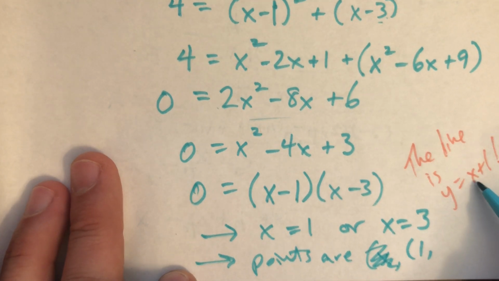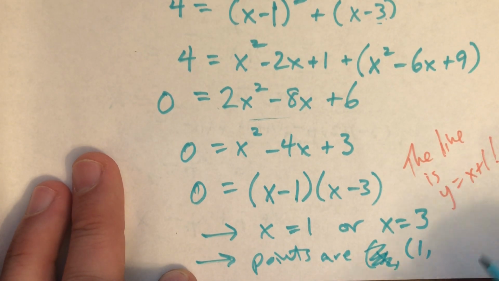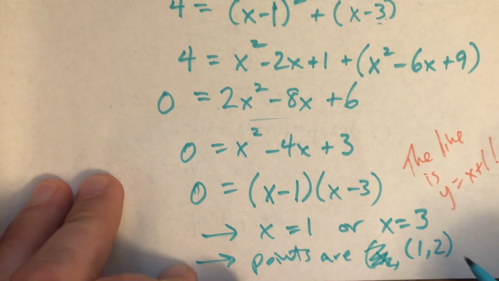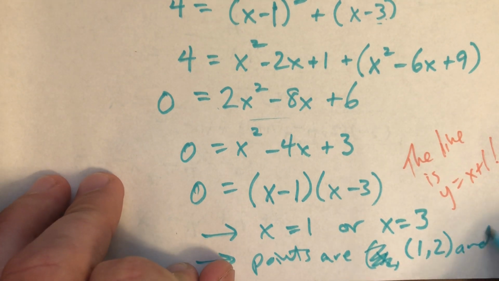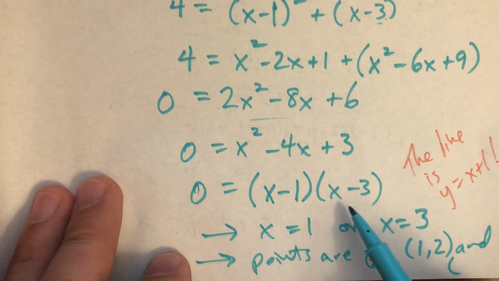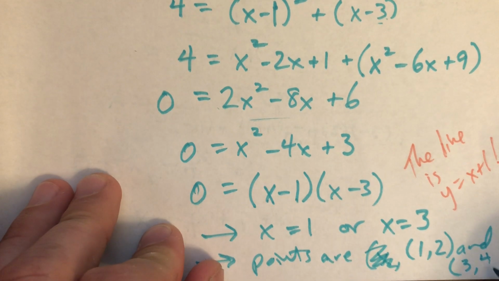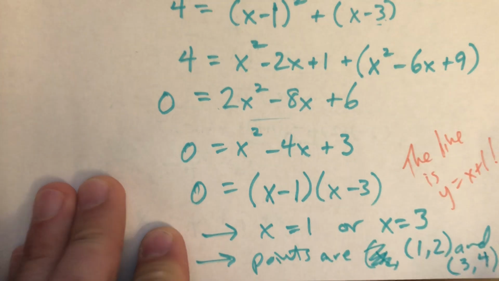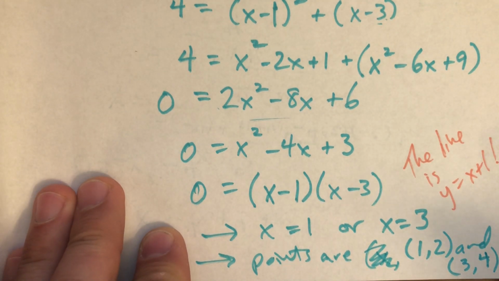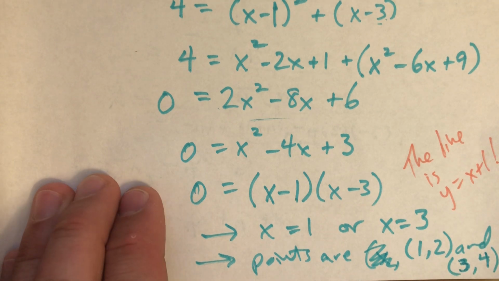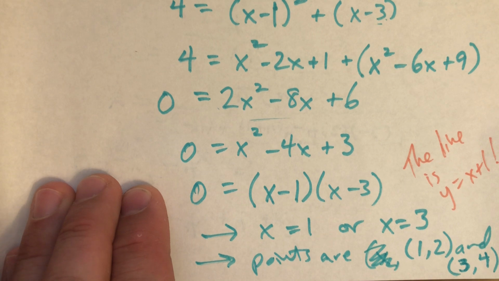X being 1, y would be 2, and then our other one would be x equals 3, and that would be 4. So we found these points, 1, 2, and 3, 4.